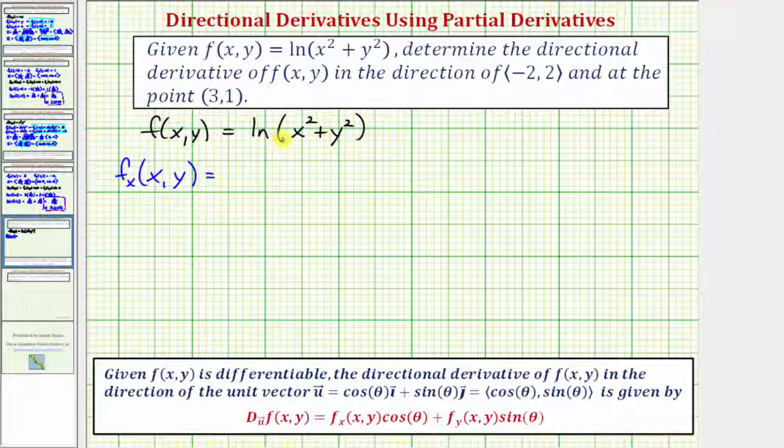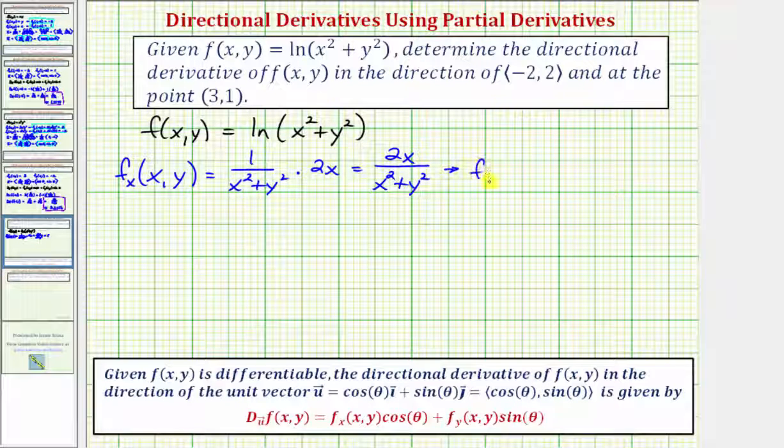So the derivative of natural log of the quantity x squared plus y squared with respect to x would be 1 over the quantity x squared plus y squared times the derivative of x squared plus y squared with respect to x, which would just be 2x. Remember, the derivative of y squared would be 0 with respect to x because we're treating y as a constant. So this would just be 2x divided by the quantity x squared plus y squared.